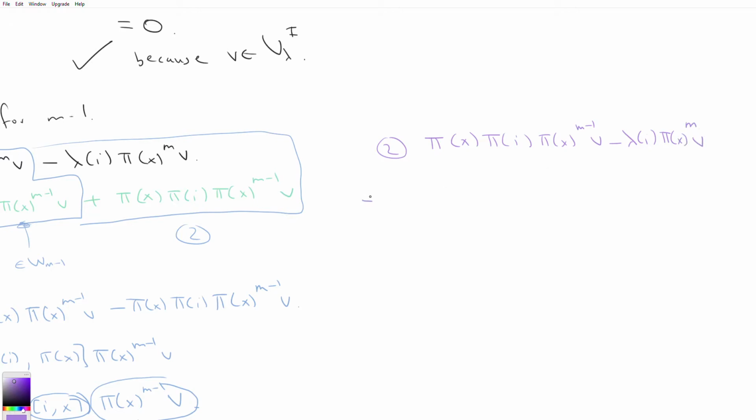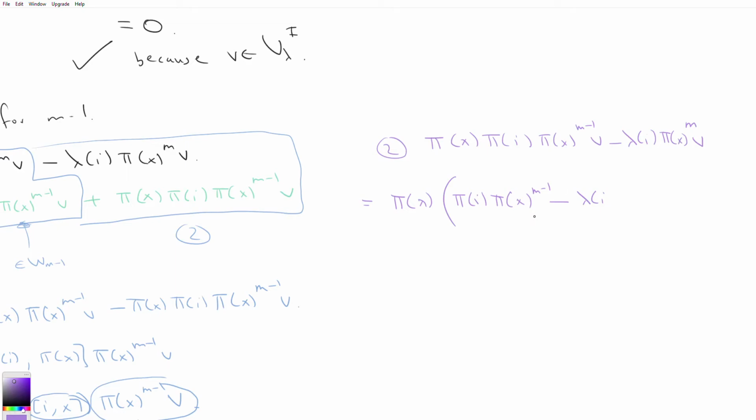And so this is actually equal to, let's see how we can rewrite this. So we can left factor π(x), so it becomes π(x) times π(I) times π(x)^{m-1} minus λ(I).